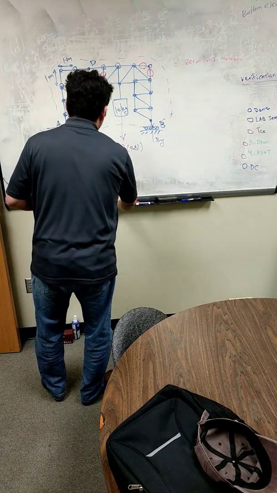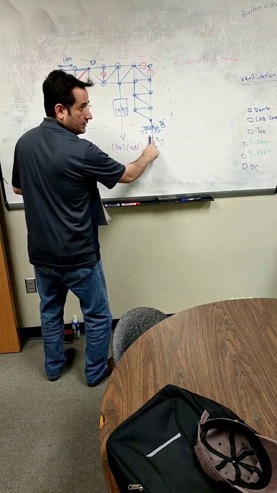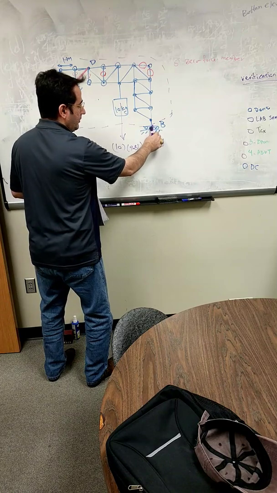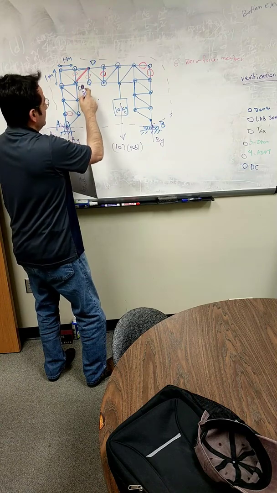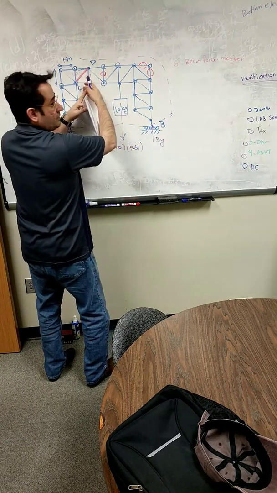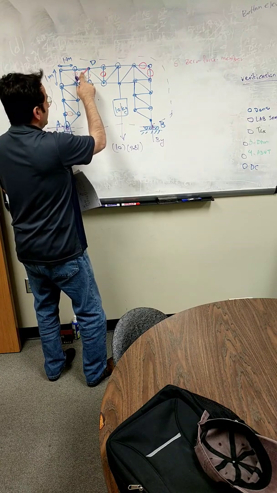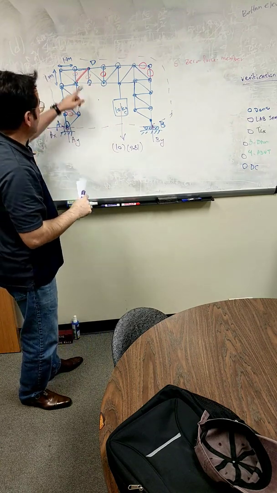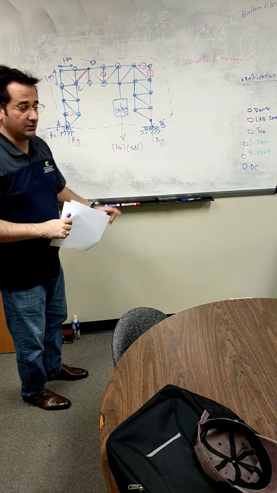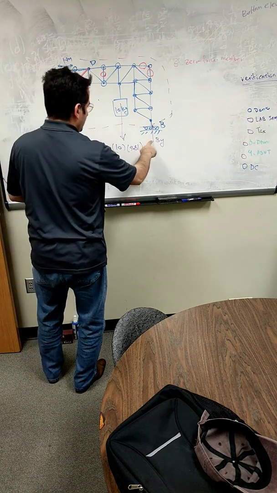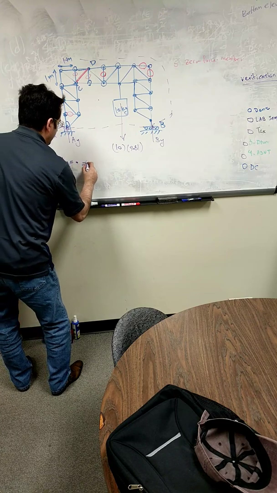So my goal is to first find Vy. Once you find Vy, you can section here and take the right part of the structure. So you get 3 unknowns, 1, 2, 3. Then you can find the force in this member by taking the right section part of the truss, the method of sections. So in order to find Vy, I write the summation of moments at point A equal to 0.